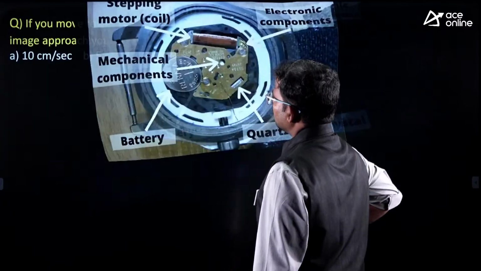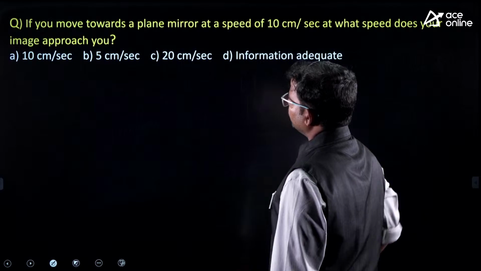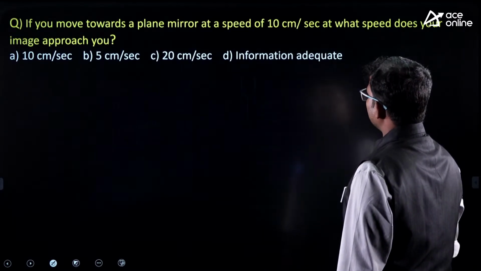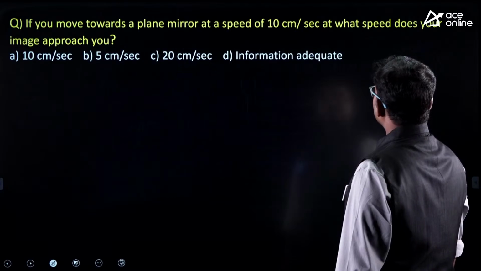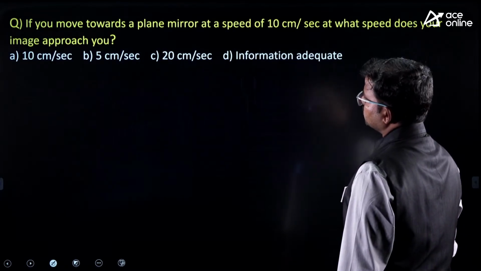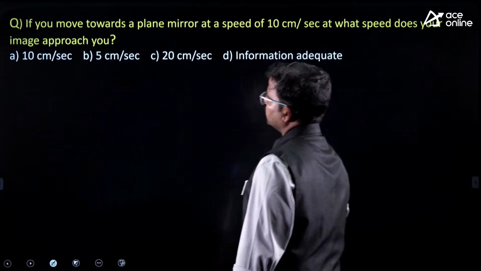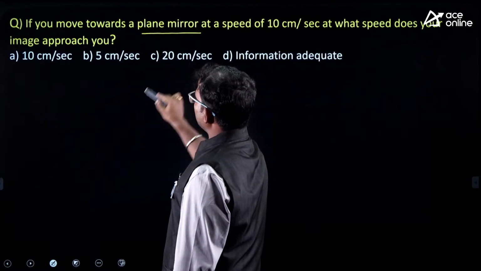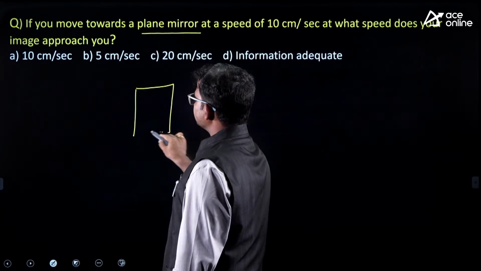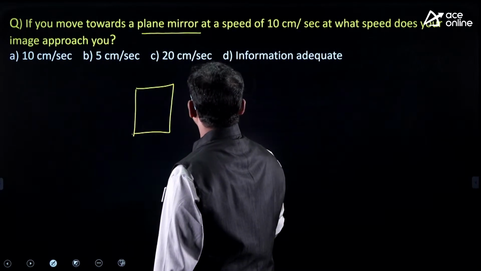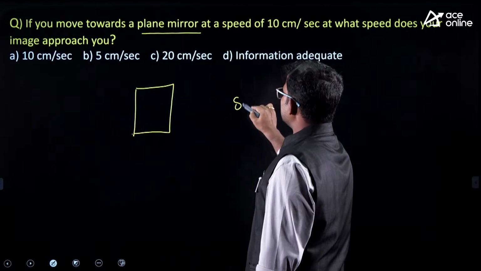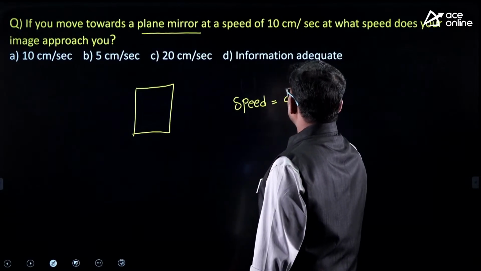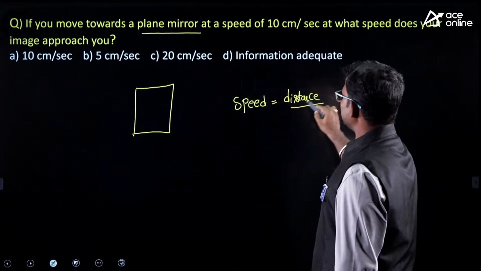Okay, right, so next one: if you move towards a plane mirror at a speed of 10 centimeters per second, at what speed does your image approach you? Here they mention if you move towards a plane mirror at a speed of, so speed is distance by time, displacement by time.